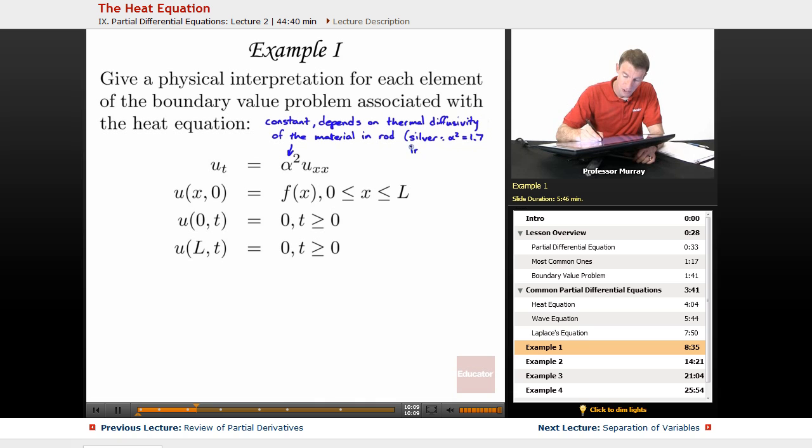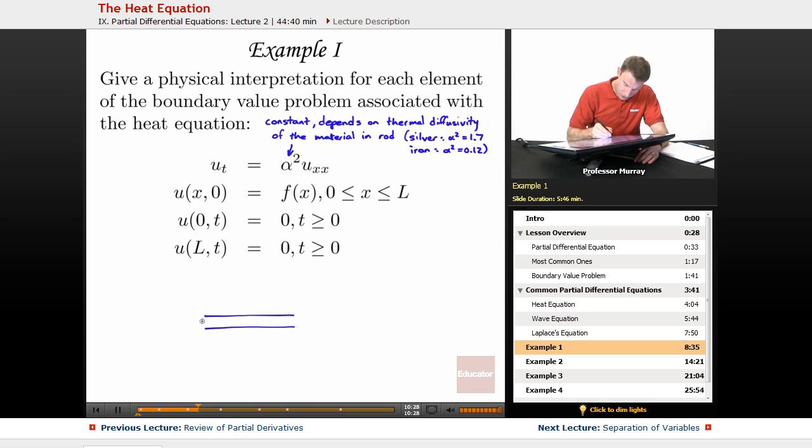Iron, for example, doesn't conduct heat as readily as silver does, so iron has alpha squared equal to 0.12. So you get different values of alpha depending on how conductive the material in your rod is.